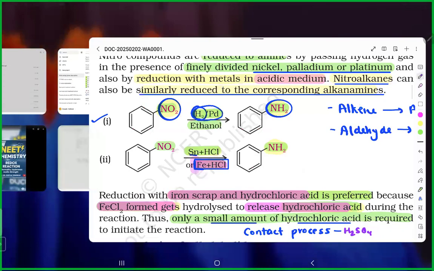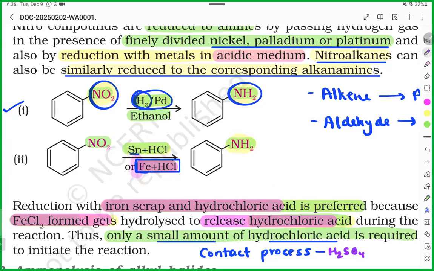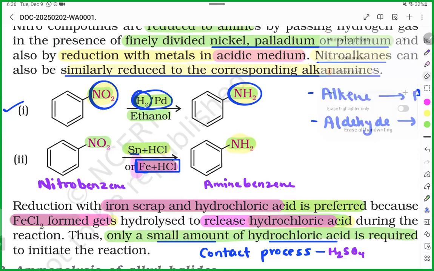Why are we not using some specific name in case of nitrobenzene? This name is nitrobenzene, but why don't we write amine benzene? Sir, I'm not sure.